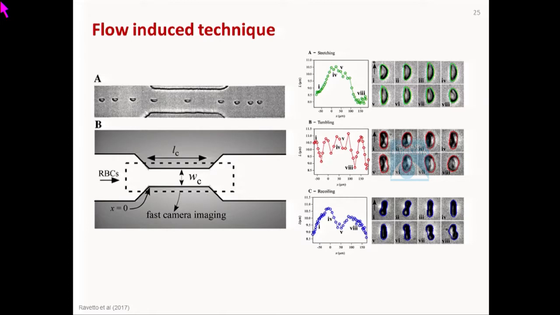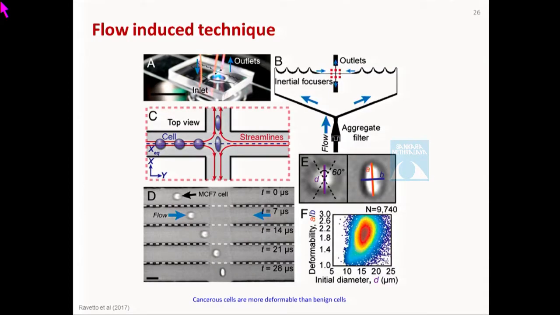Stretching is just the cell dimension in plane increases. It has also shown tumbling. If the shear stress is still higher, the cells can tumble. Okay, so that is tumbling. It can also recoil. All these cell dynamics can be controlled by controlling the shear in the narrow constriction.